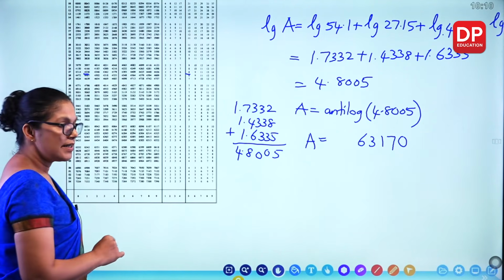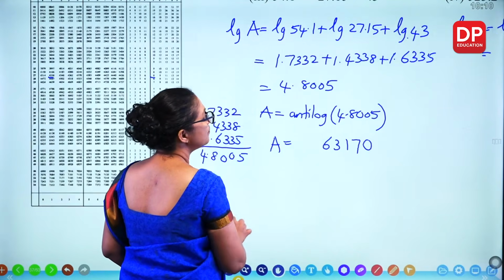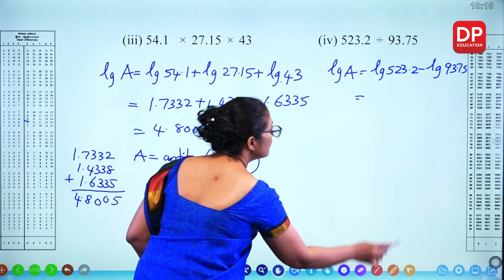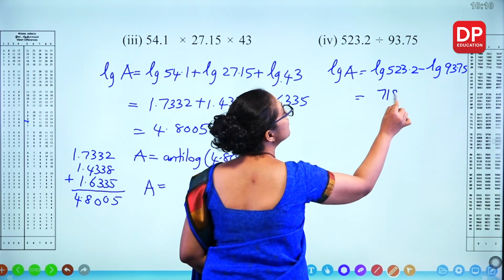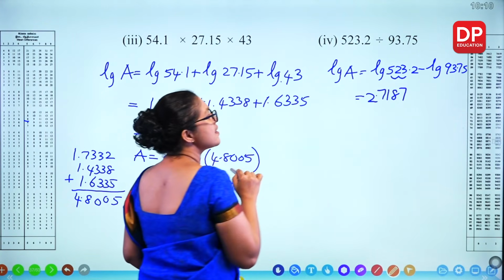So 7187. This is 2 places to the right. Characteristic is 2.